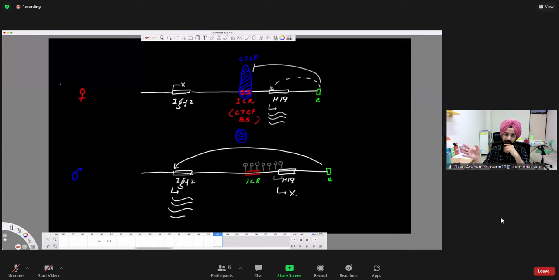This is a mind-boggling observation. It needs more work to confirm and establish its significance. So this is one way of marking maternal and paternal copies of imprinted genes.